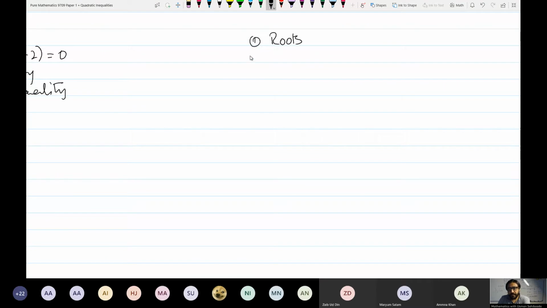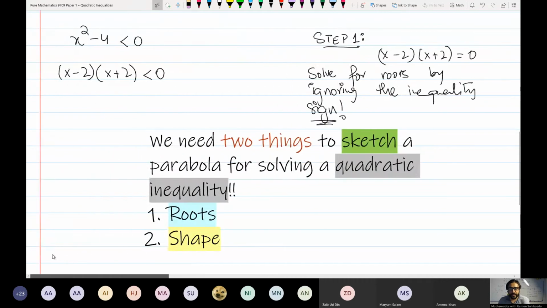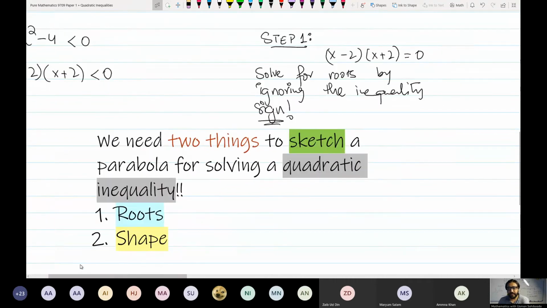We've been using y-intercept. I never talked about the y-intercept. We have been using vertex. I never talked about the vertex. We have been using the shape. So I've only talked about the roots and the shape. No need for the y-intercept. No need for the vertex. But I need you to not mess things up.